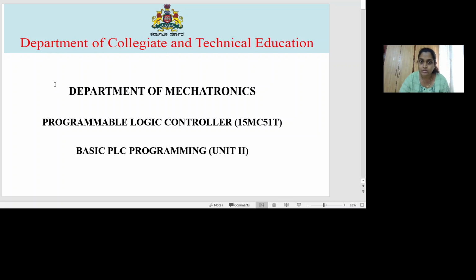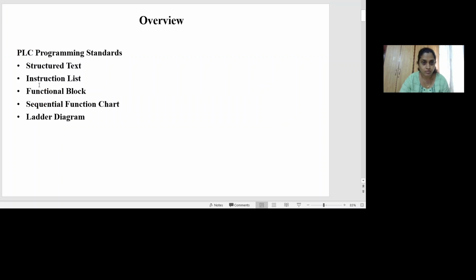So this is my first session, and I will be covering Unit 2, Basic PLC Programming. In this session, I'll be covering the PLC programming standards which are used worldwide.